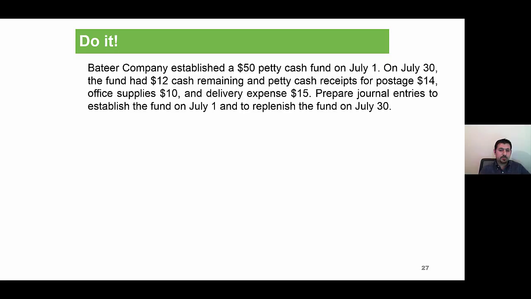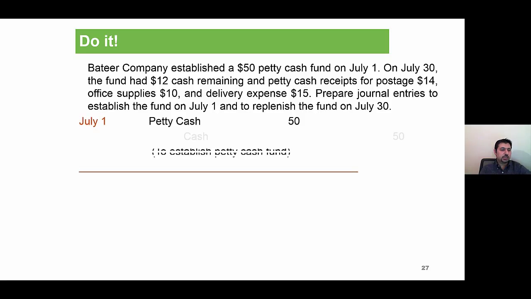So the first journal entry is to establish the fund, and as we said, at this point the company would debit petty cash fund 50 and would credit cash 50. So this was to establish the petty cash fund.